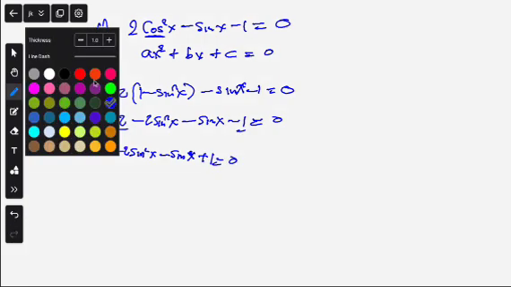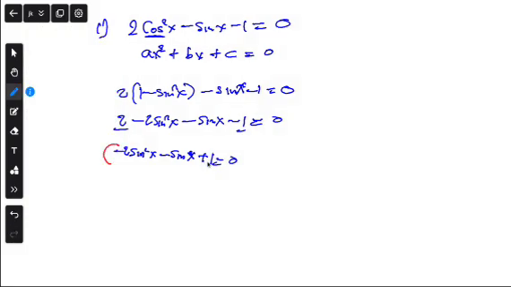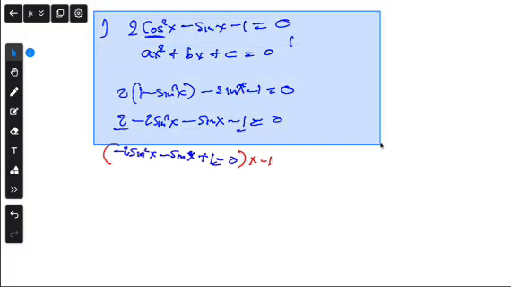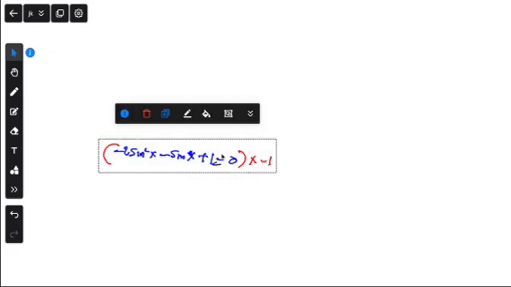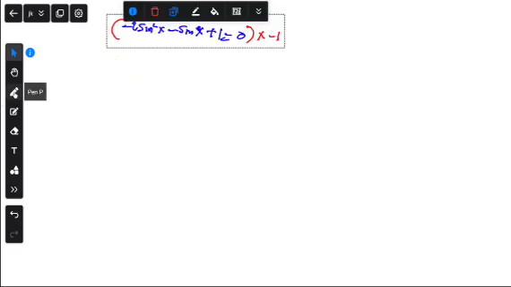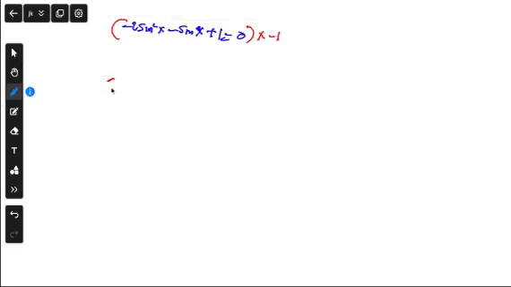From there, I can multiply throughout by negative 1, because I want to eliminate a negative. If I multiply, I'm going to get 2 sine squared x, then positive sine x, then negative 1, which is equal to 0.